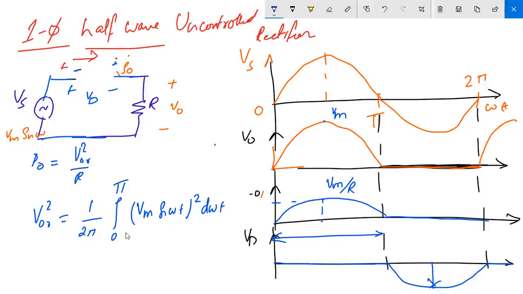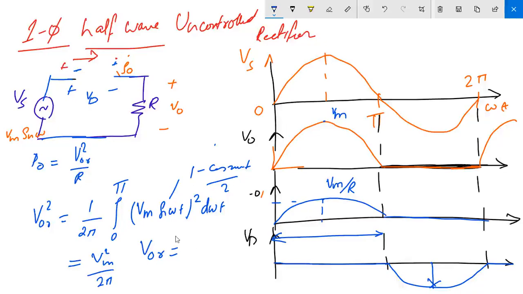You square it; I just hint you out, it will be Vm square by 2 pi, and sine square you can write as 1 minus cos 2 omega t by 2, and you integrate from 0 to pi, so you get your RMS value V0 RMS.